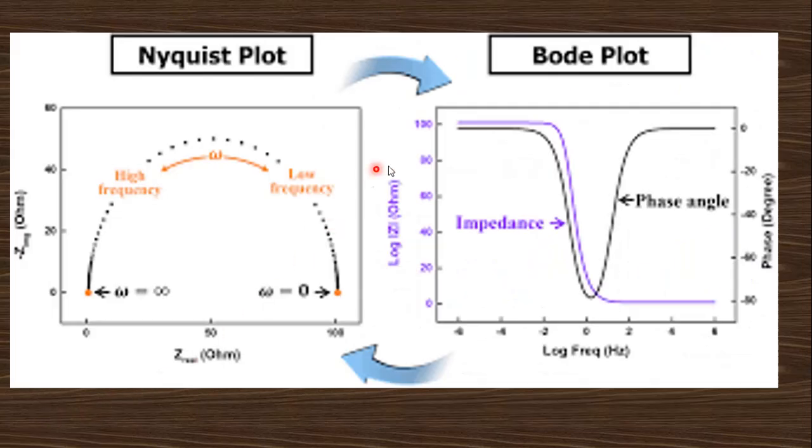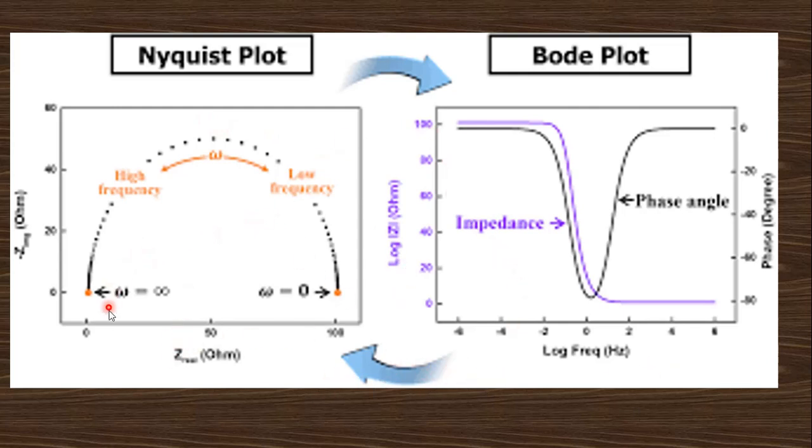And from the Bode plot you can also get this relation. This is for real impedance and imaginary impedance, and this is the impedance curve with the frequency, and this is the phase angle curve. This is called the Bode plot and this is called the Nyquist plot. They can be interchanged from one to another.